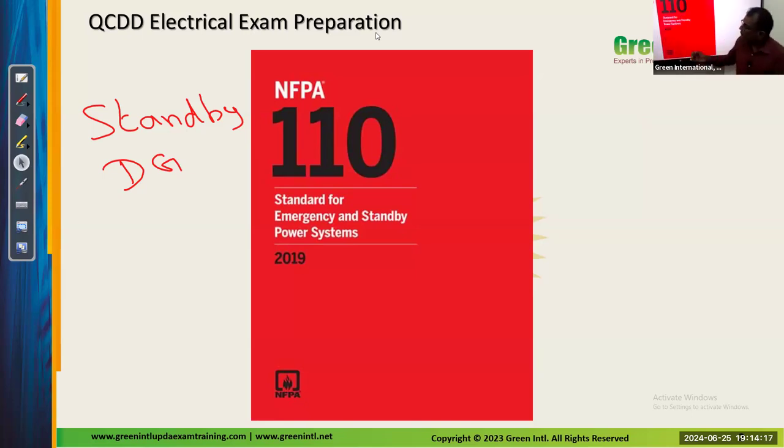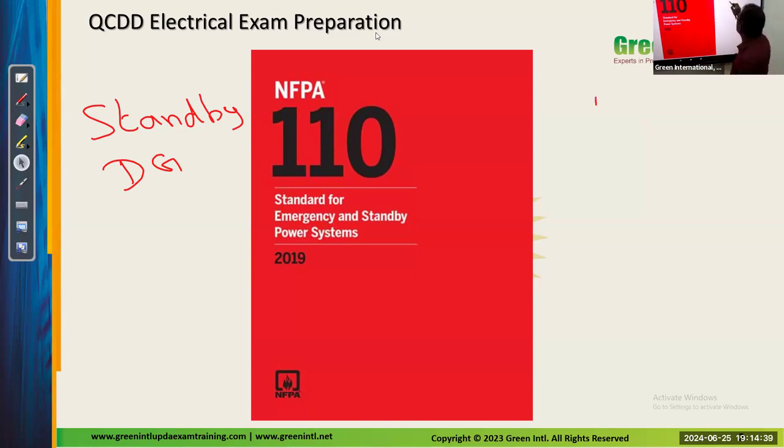Before understanding the standby DG, think about our home country, not Qatar, because here we have the least possible power failure. In our home country, sometimes in the summer season, we have a power failure. So usually we have UPS systems.